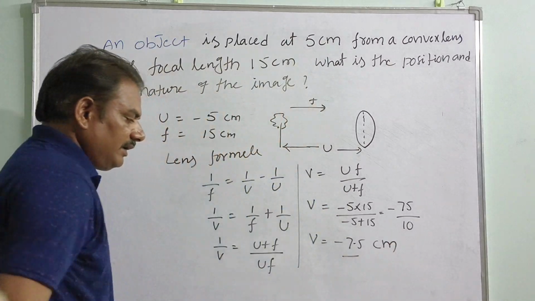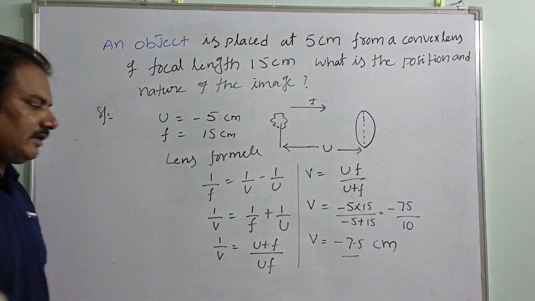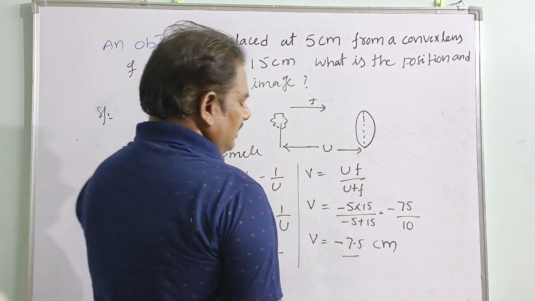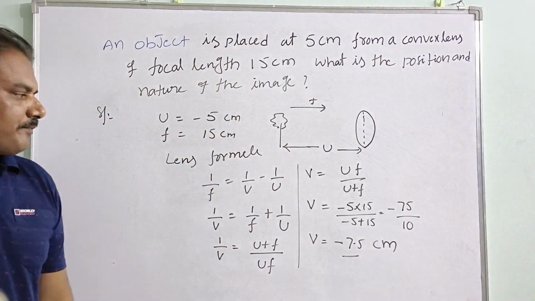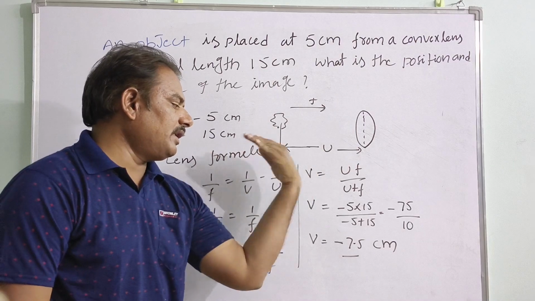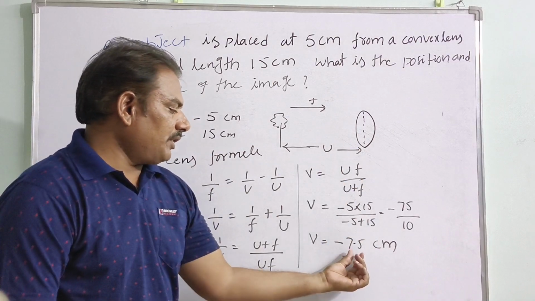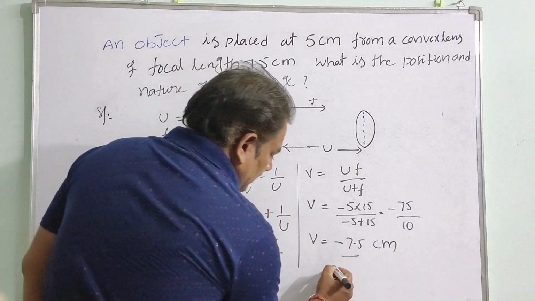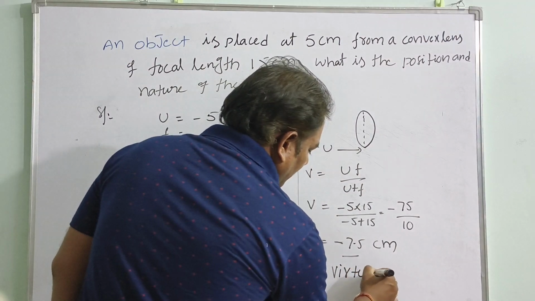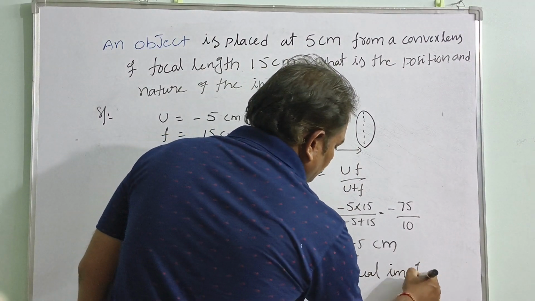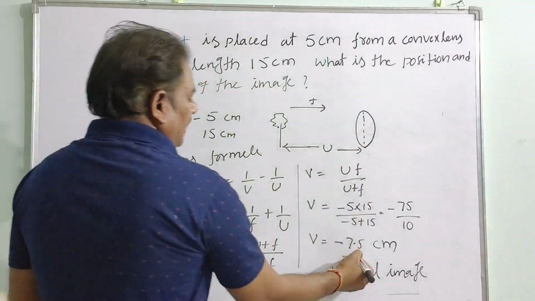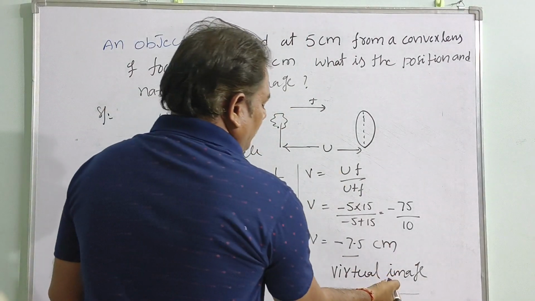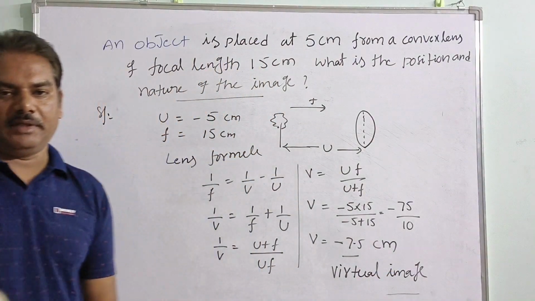The minus sign indicates the virtual image. What is the position? Minus 7.5 centimeters. And what is the nature of the image? That is the virtual image.